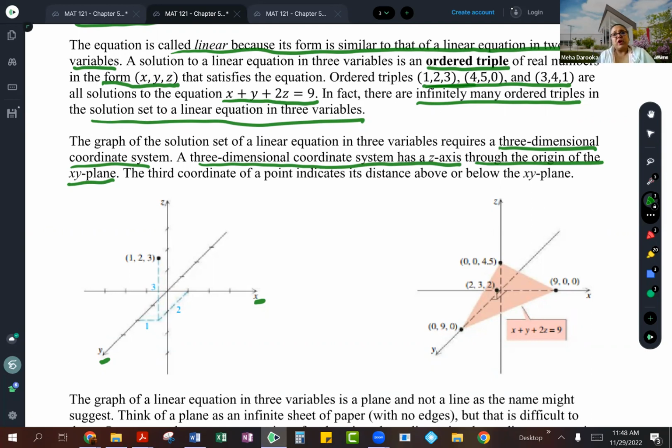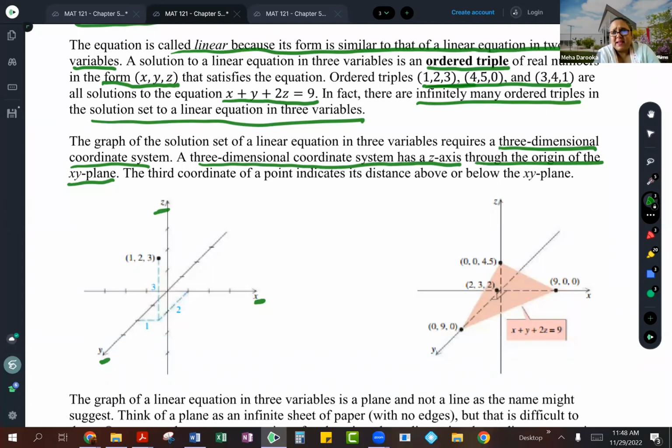But again, trying to draw a 3-dimensional image on 2-dimensional paper or screen like this, you have to think about how it's going to be placed. So your x and y are placed horizontally, and your z-axis, as you can see, is placed vertically. That's how this works out.